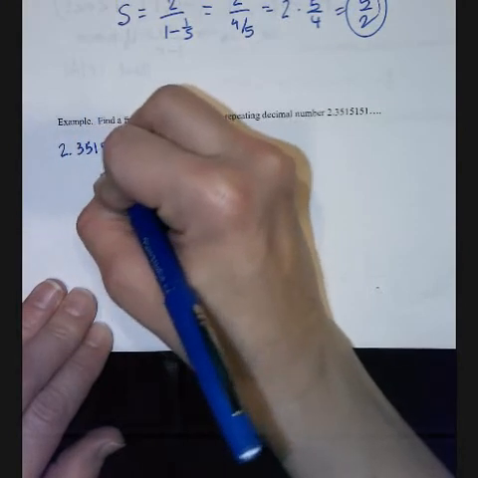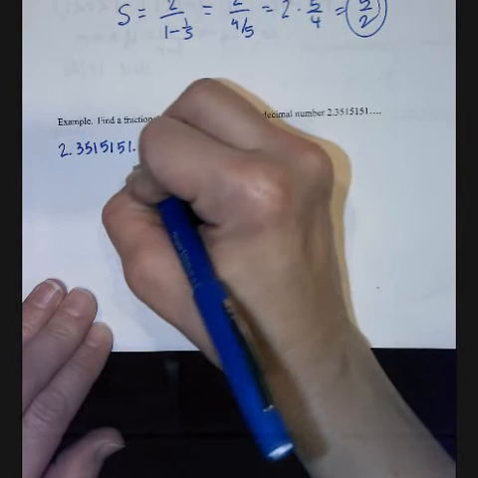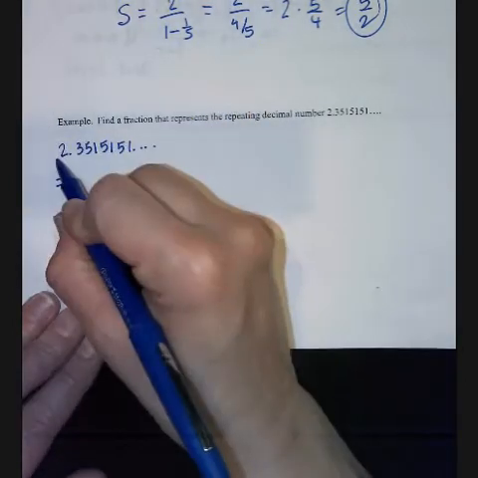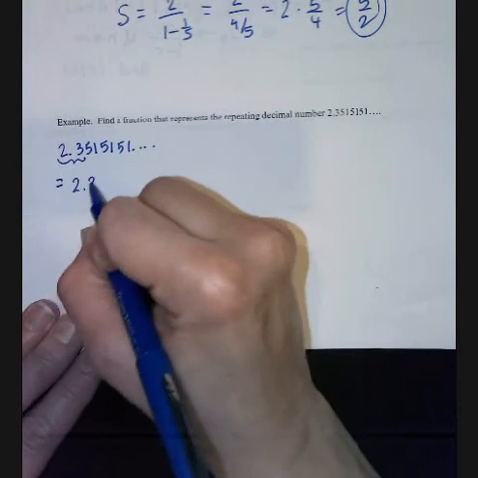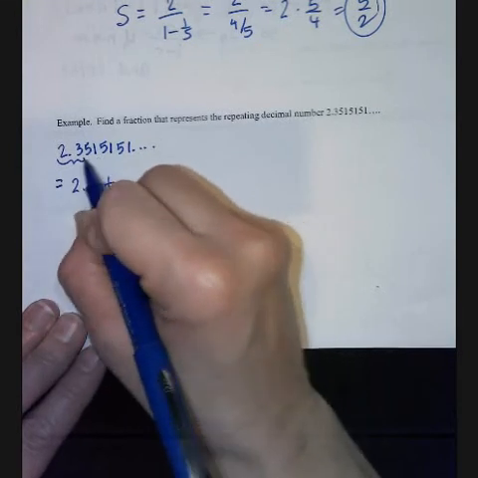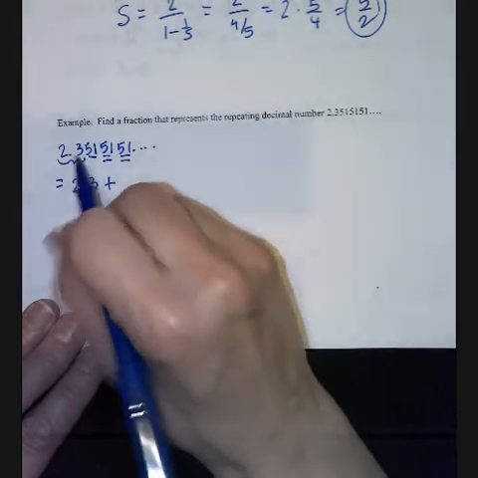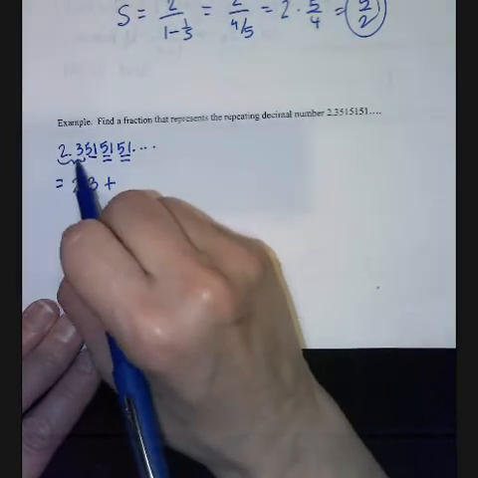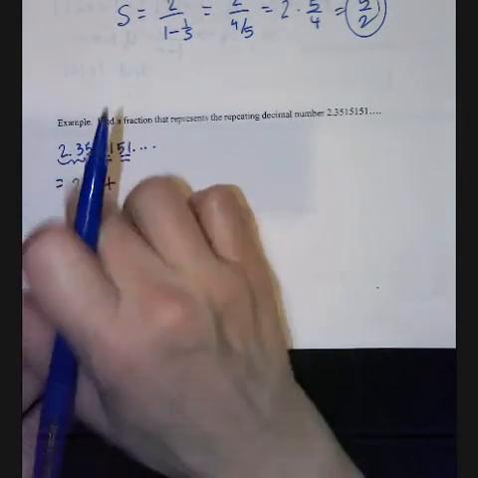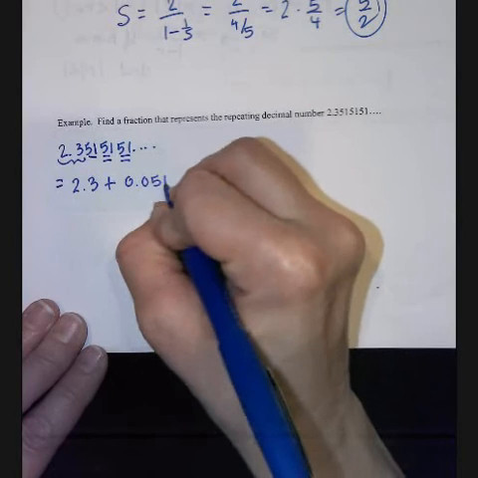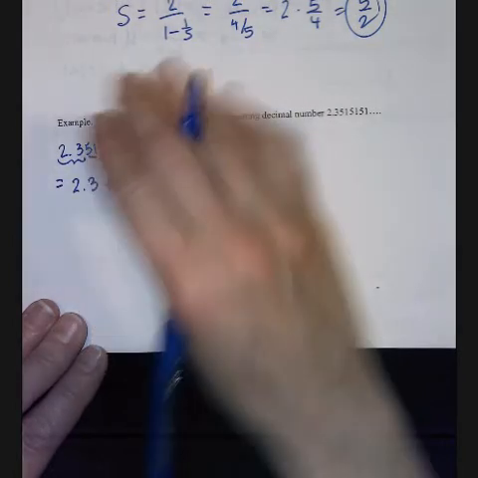So when we take 2.35151, etc., that is equal to, so we take the part that doesn't repeat, and then look at the part that repeats, and add to this, so we need a decimal of 0 where the 3 is here, so 0.051, so you want to add, and that would give you that much, right?